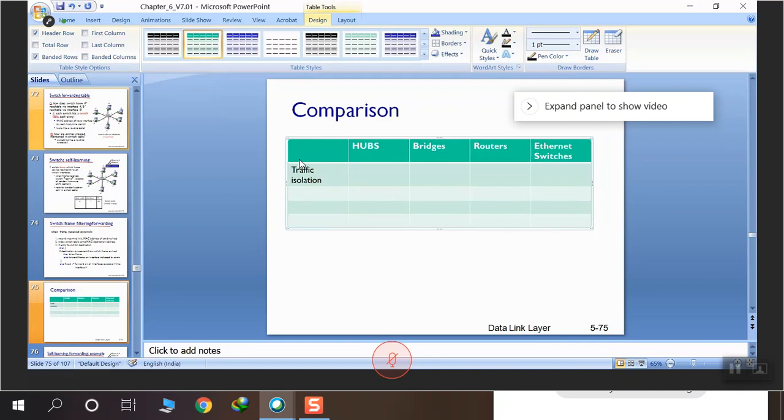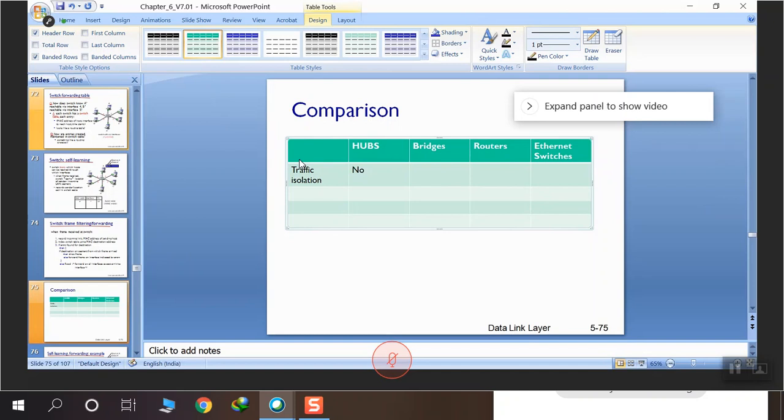Can you separate one domain from another domain? If two departments are connected, can you separate them? That is what we mean by traffic domain here, traffic isolation. Hubs, they cannot isolate it. Like we mentioned, they have a single collision domain. Rest, all of them can separate the traffic.